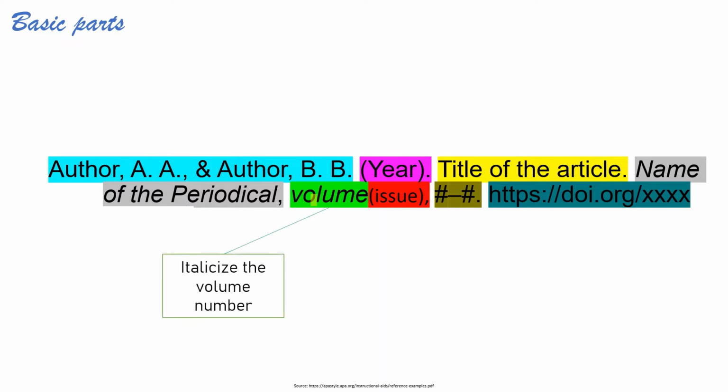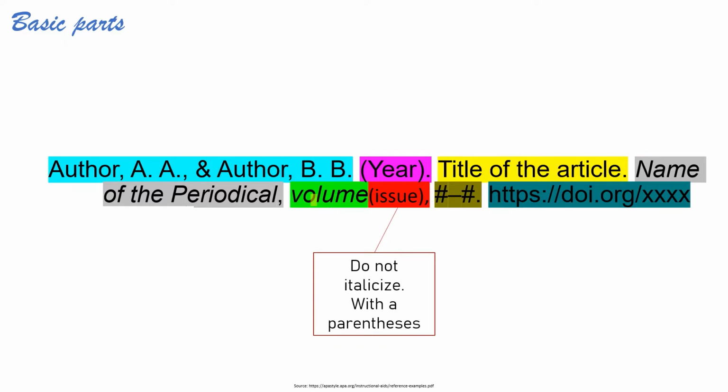Italicize this and do not put a space between the volume number and the parentheses around the issue number. The issue number should be parenthesized. Do not italicize the issue number or the parentheses, and follow this with a comma.